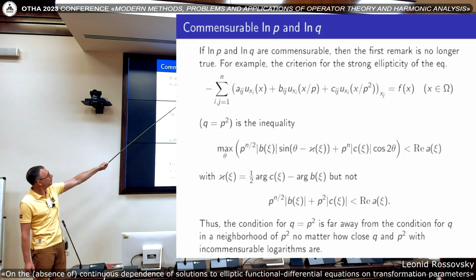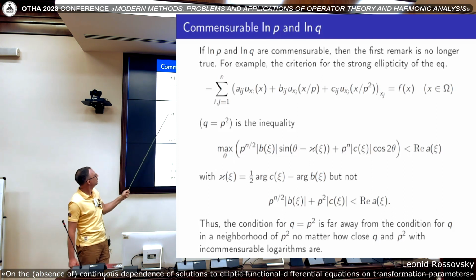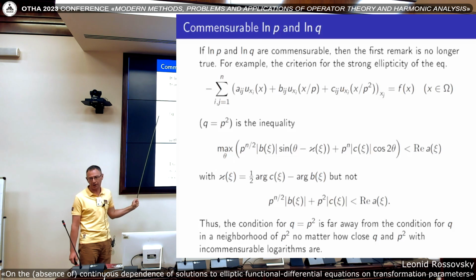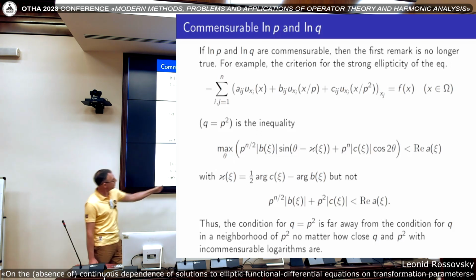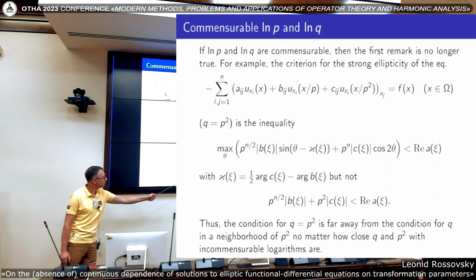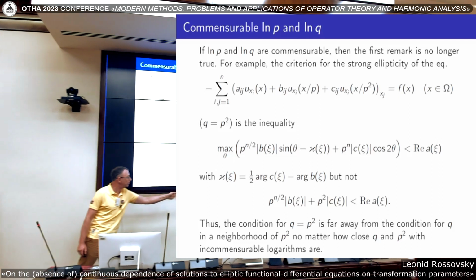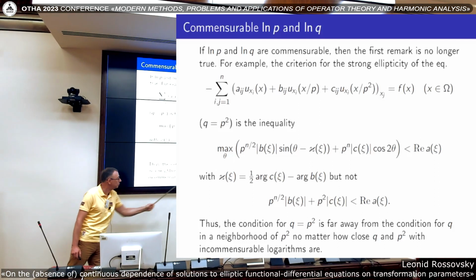For example, the criterion for the strong ellipticity of this equation, where Q is taken equal to P squared, is the inequality. This inequality can be explicitly written here, and differs from the inequality for the multiplicatively incommensurable case.